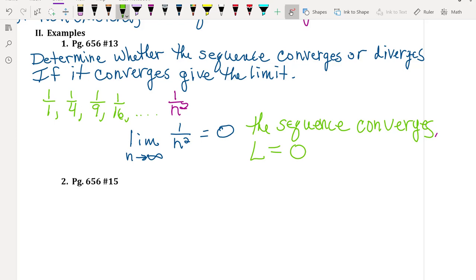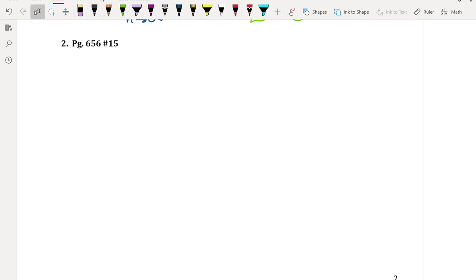Okay, we'll do one more of those. So again, we're going to determine whether the sequence converges or diverges.